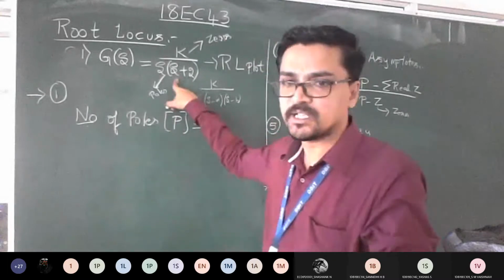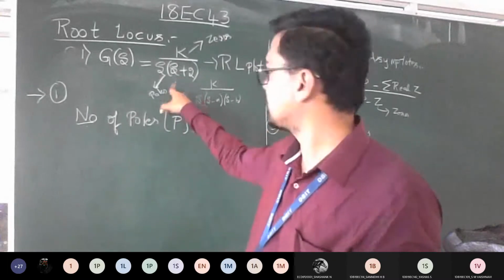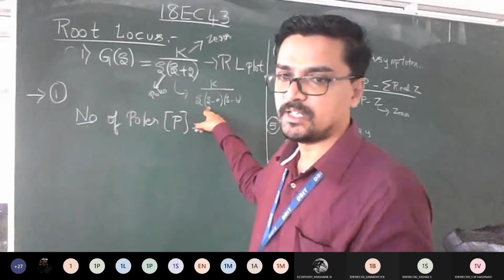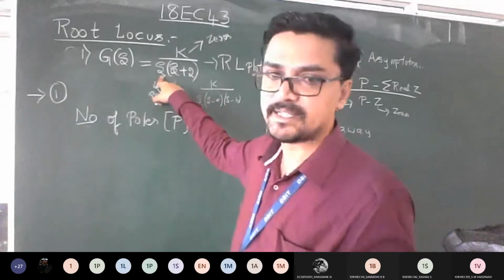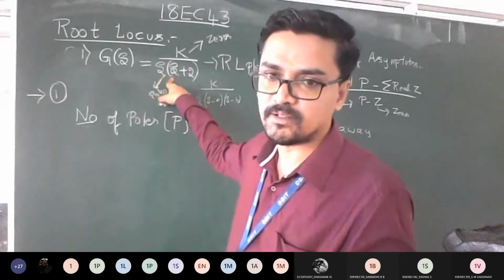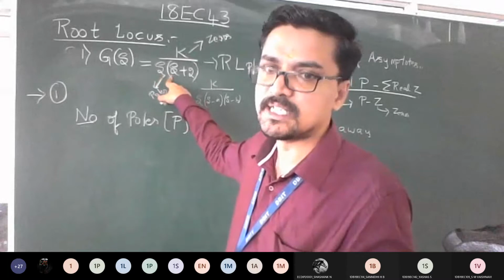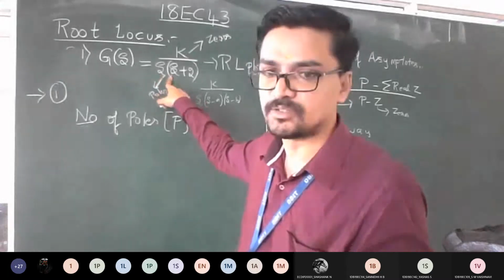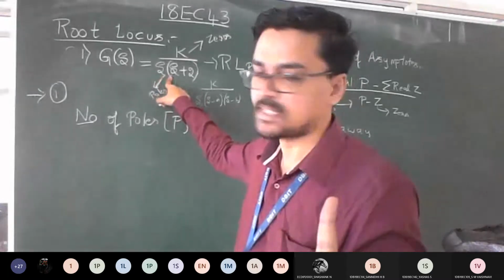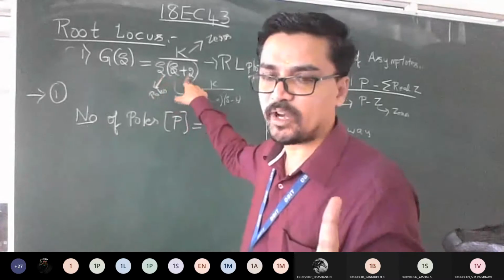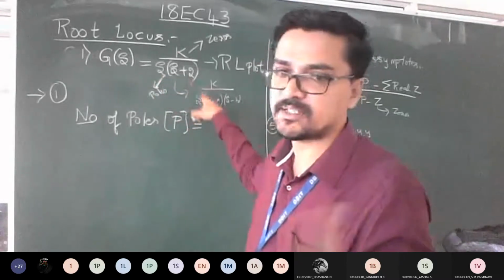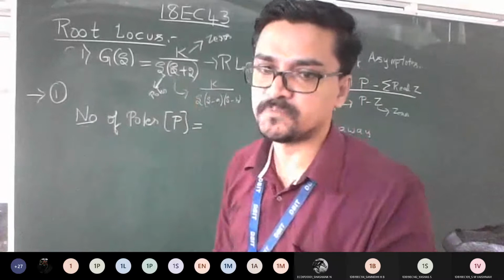So how to check the poles? I said, check the denominator and compare it with the generalized formula. Look here: s is there, with no coefficient, so that means 0. So 0 is one pole. Similarly, plus 2 is there, and comparing with the generalized form, this is going to be minus 2.